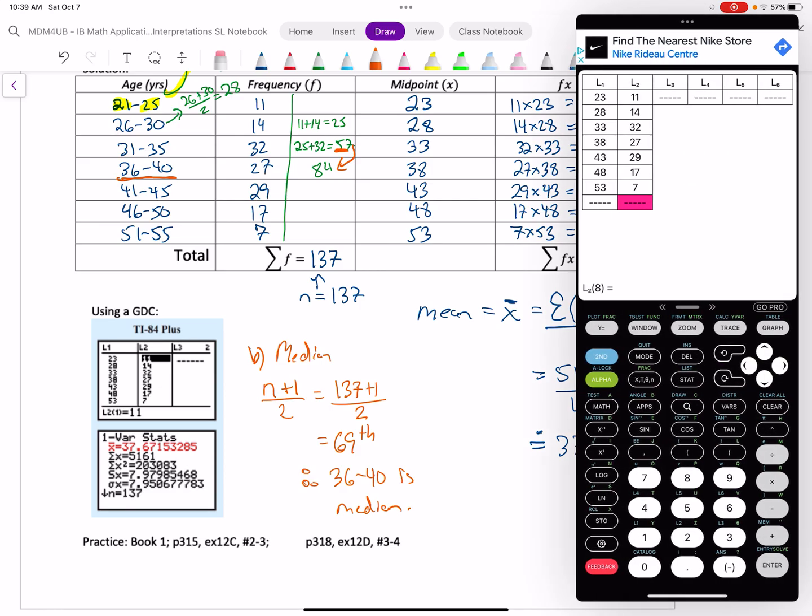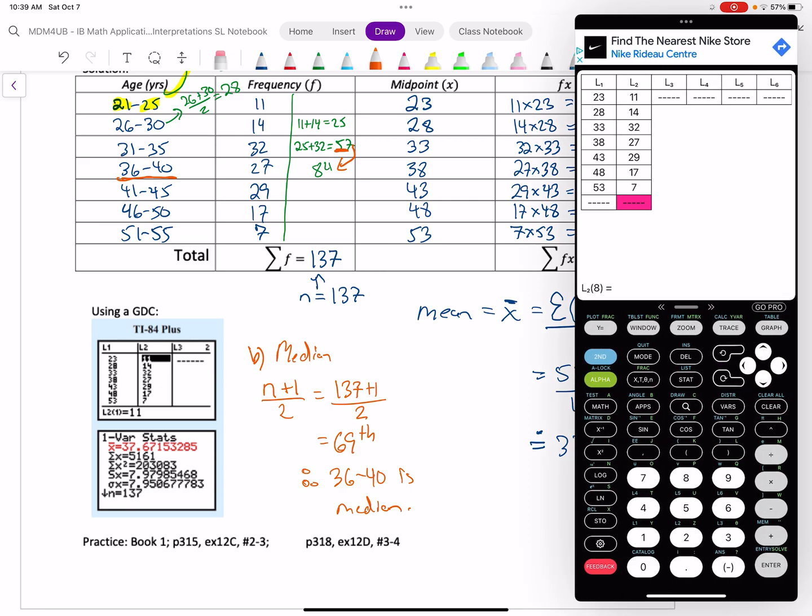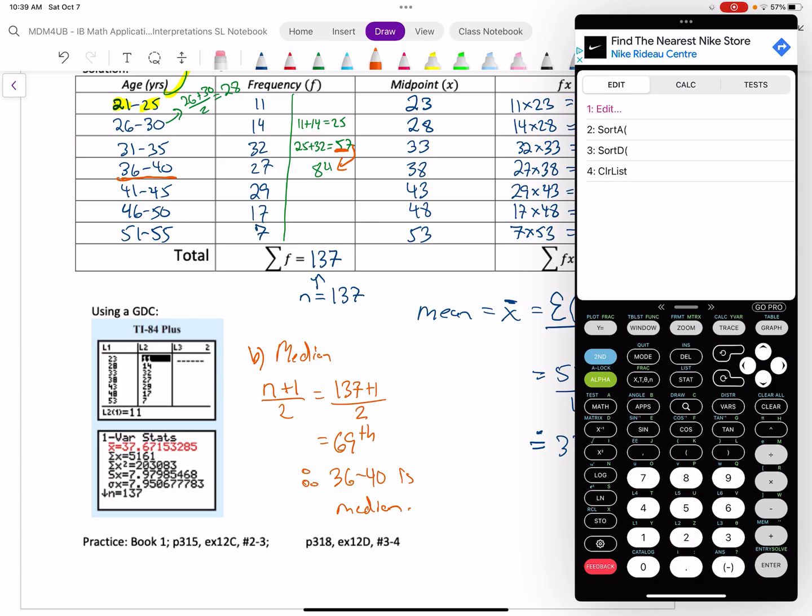Great, so if I try this on the calculator, I've already entered all these numbers in. What you need to do is in L1, you put in all your midpoints. Those are always the values of your data points, as close as we can get with the midpoint. And then I put the frequency in L2. So I have them all typed in. Then remember, you go to stat, then calc, 1-var stats.